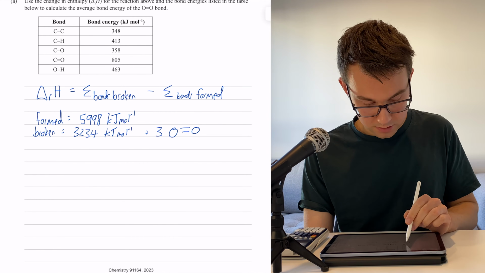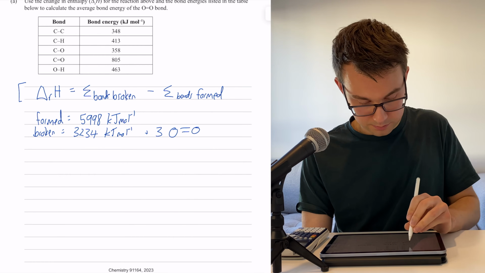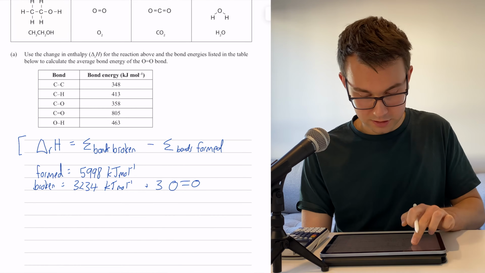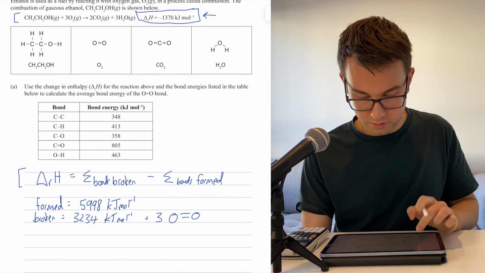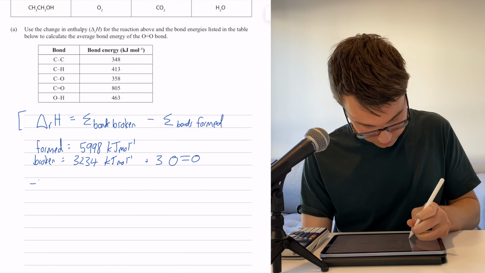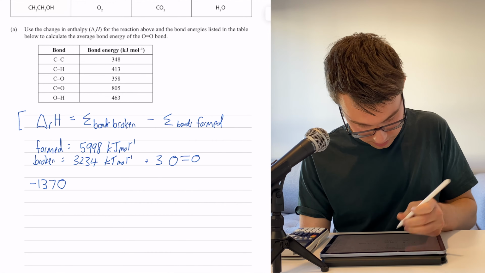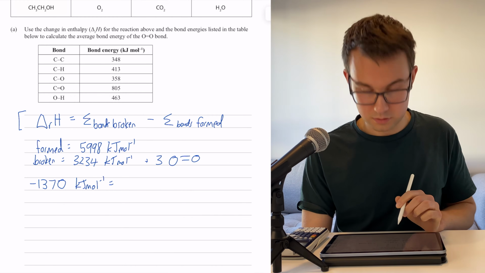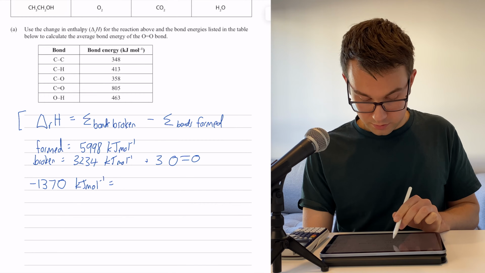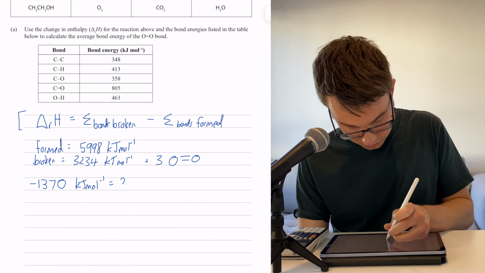So now we've worked that out, we can plug it into the equation and get an answer. So this equation up here, let's put the numbers in. Delta RH, what is that? It's given to us at the top right here. Negative 1370. So let's go negative 1370 kilojoules per mole is equal to the sum of the bonds broken. We worked that one out already.